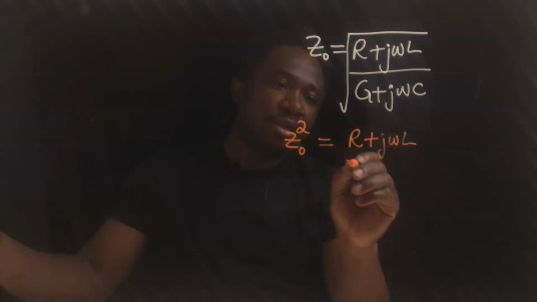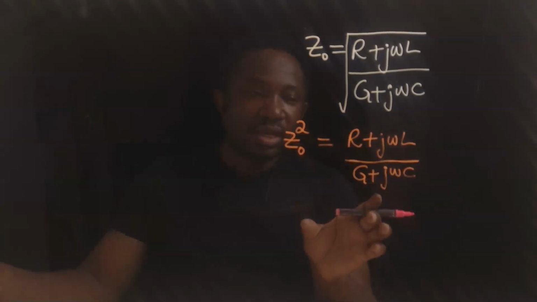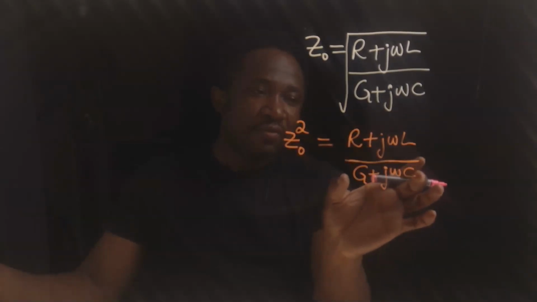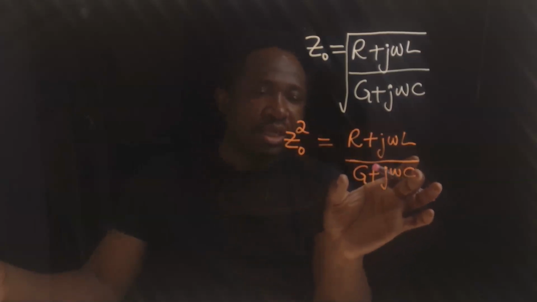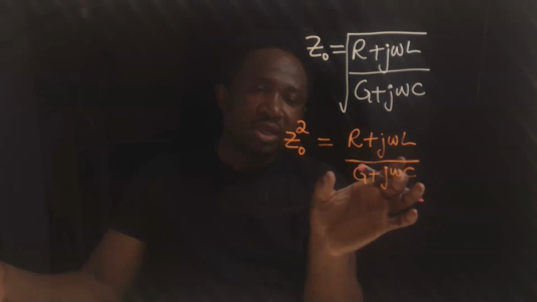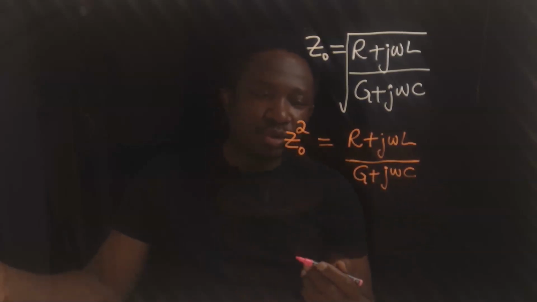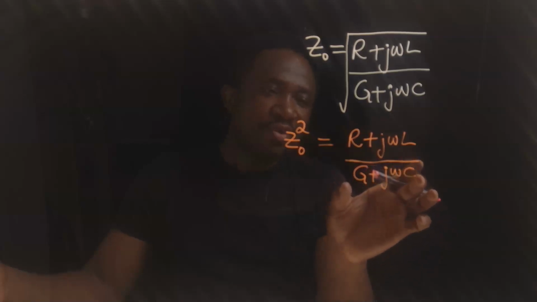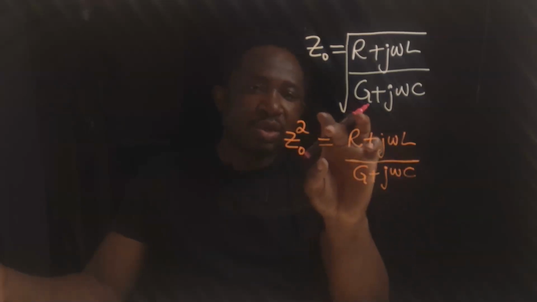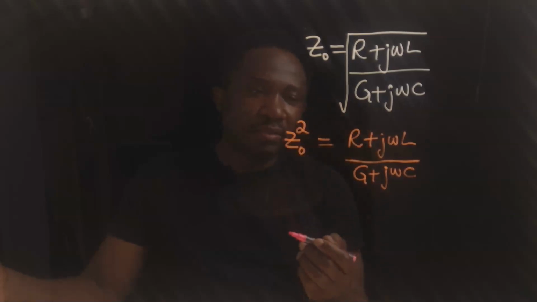jwl divide. Next, we're going to move everything here across the equal sign. Because this is dividing, across the equal sign it will multiply, because when a dividing variable moves across the equal sign, it will multiply.